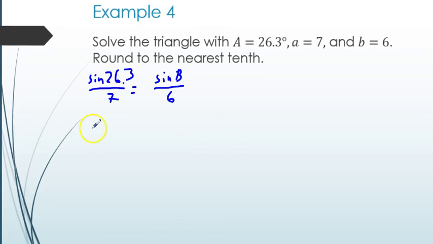So cross multiply again. And if you're plugging this into your calculator, 6 times sine of 26.3 divided by 7.